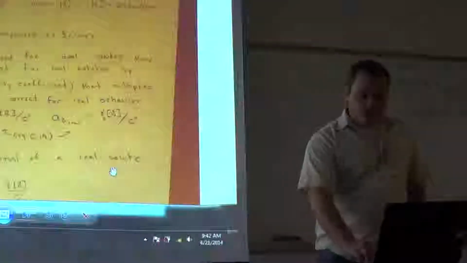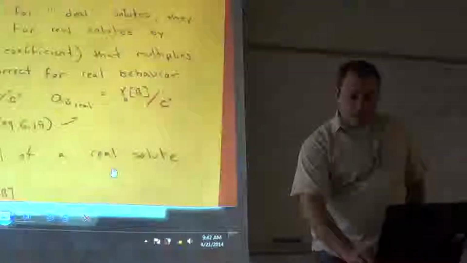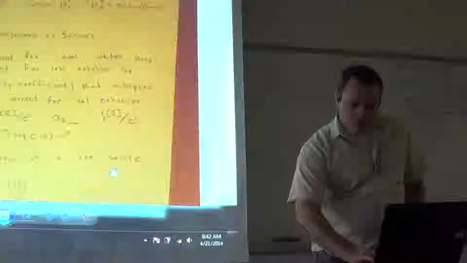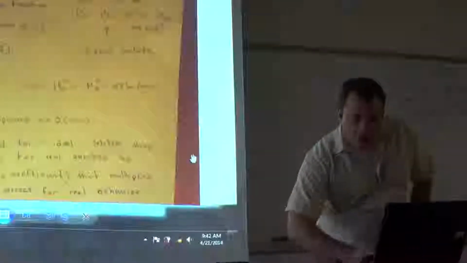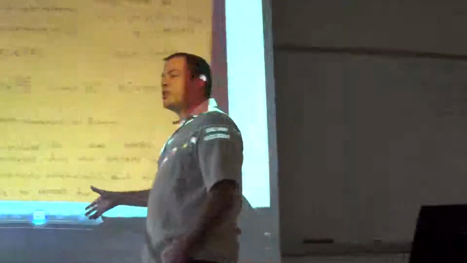The math that we're going to start putting together right now all kind of refers to stuff that we already talked about. And what we talked about was ions going in solution and the kinds of things that happen to them.